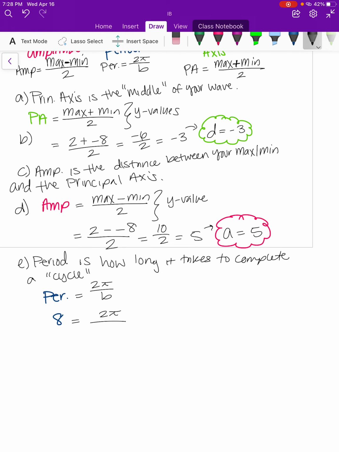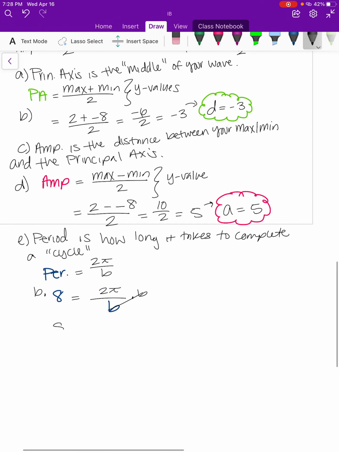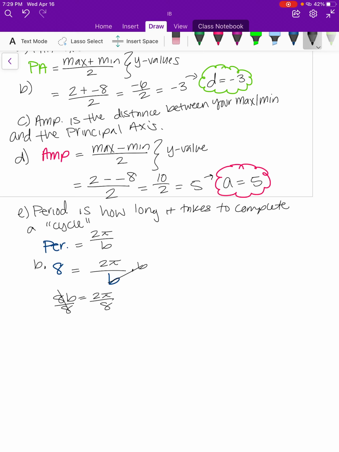So 8 is equal to 2 pi over b. I'm going to multiply both sides by b, so this becomes 8b equals 2 pi. Some of you know immediately how to get to your answer, so if you know how to do that, feel free. I'm just showing you the steps involved, so you're not like, wait, how'd she get that? I'm going to divide both sides by 8 to get b by itself, and that was our goal.